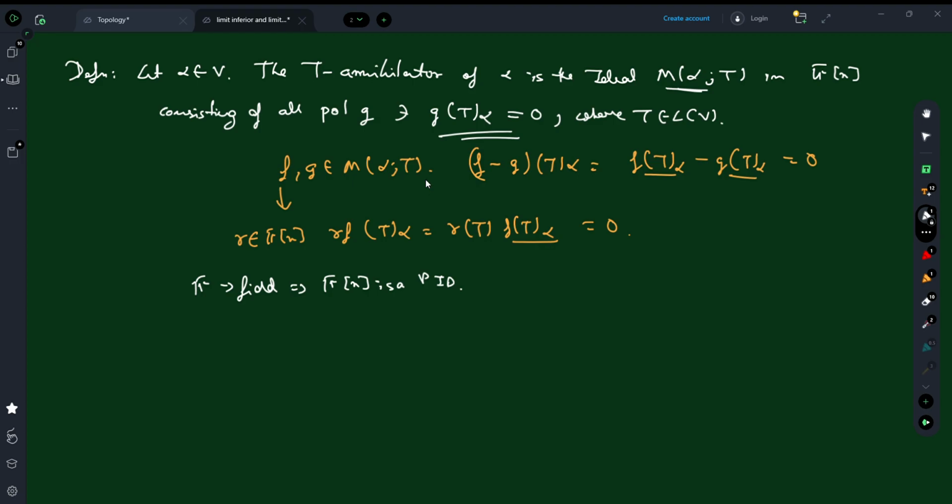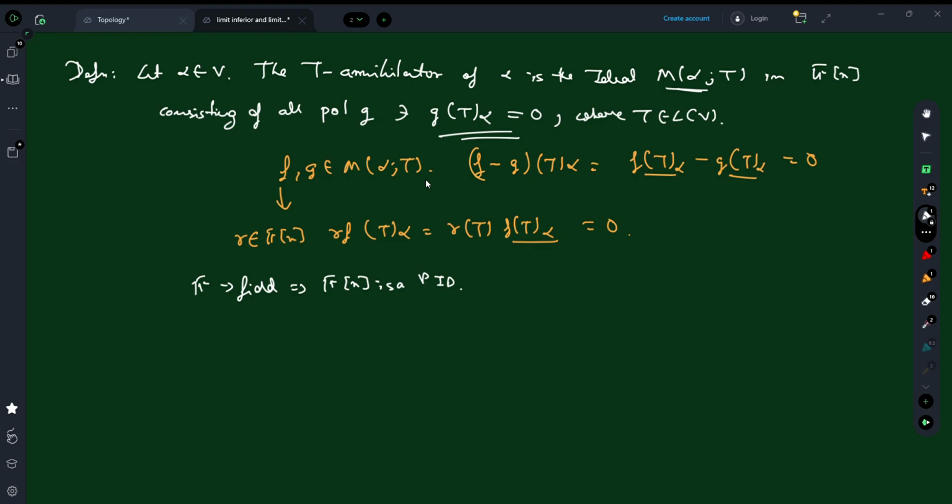So it has a finite degree minimal polynomial and characteristic polynomial. The minimal and characteristic polynomials directly annihilate the linear operator T, so they will also annihilate the vector alpha. So they are elements of this ideal, and they are of finite degree. Since the ideal has a unique monic generator, that will divide the minimal and the characteristic polynomial, so that has to be of finite degree.